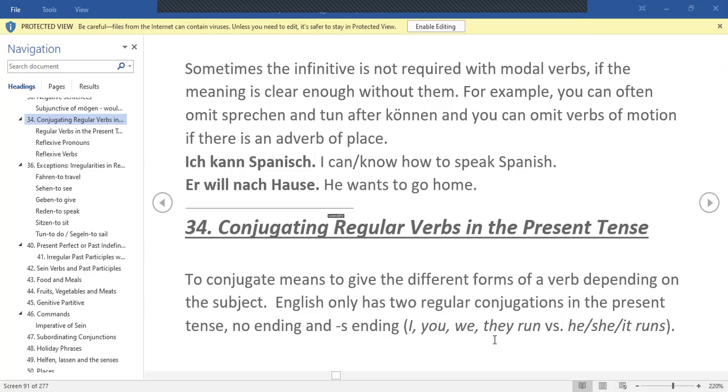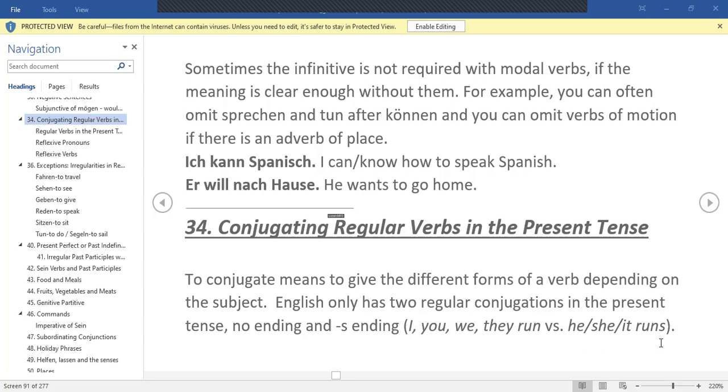For these, in English, they have no ending. For example, I run, you run, we run, they run. And then we have an S ending, with examples of he, she and it. So he runs, she runs, and it runs.